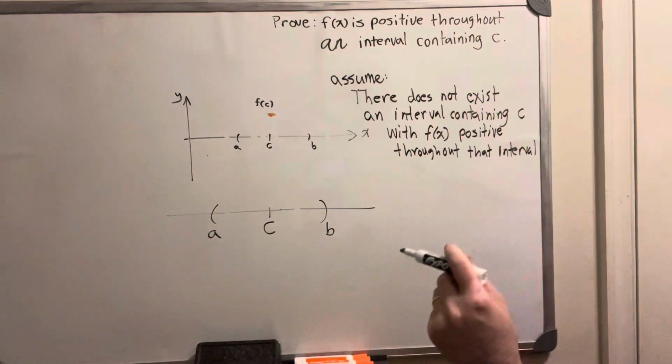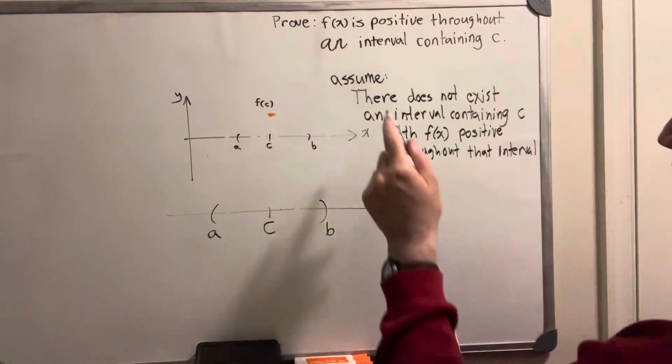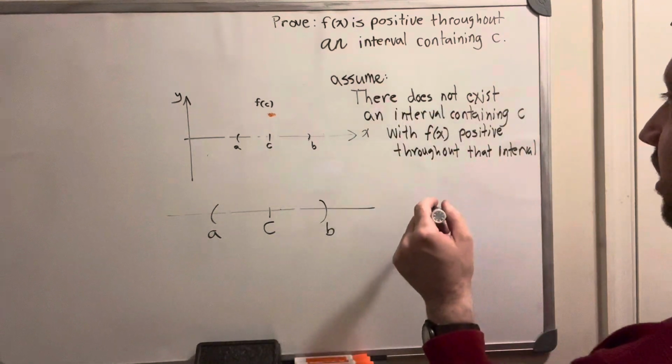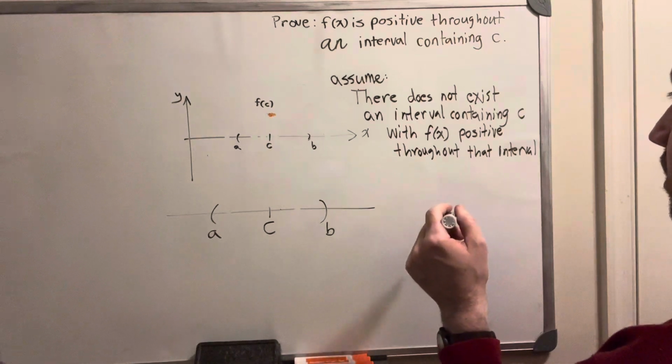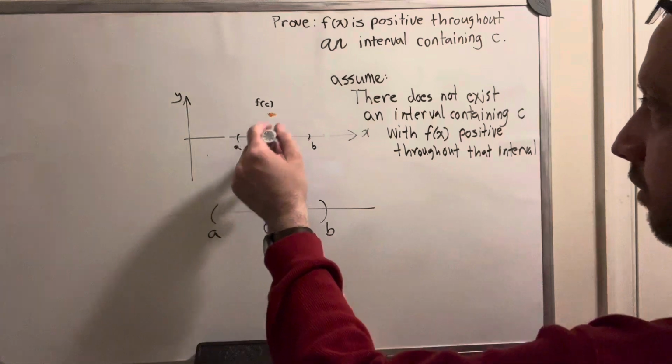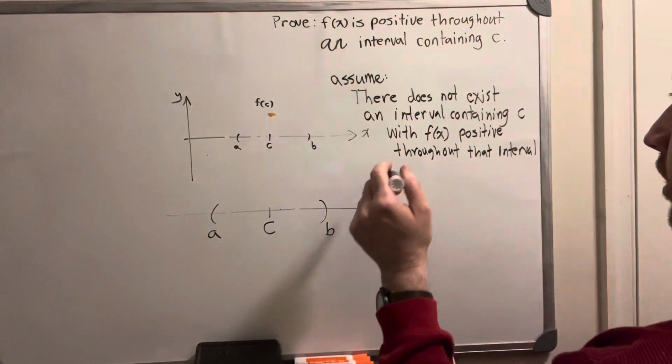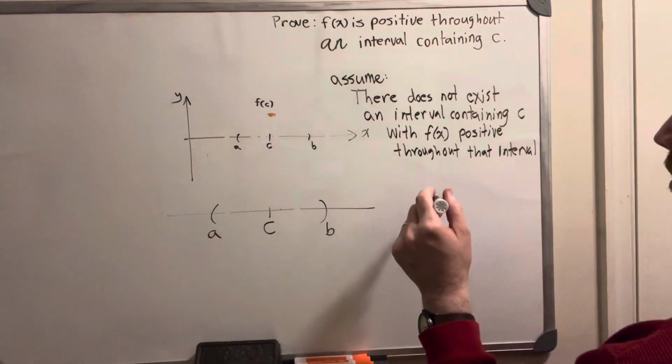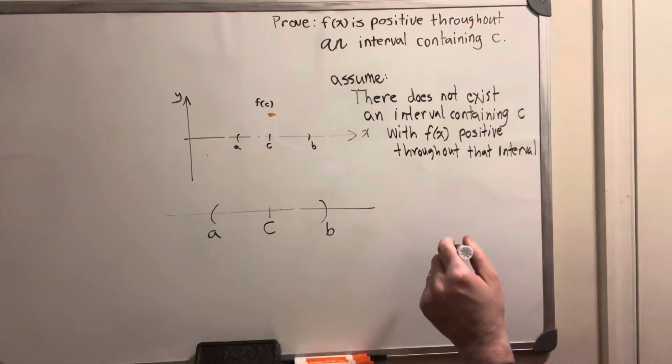What I wrote here is, let's assume for a moment that there does not exist an interval containing c. There does not exist an interval around c with f of x positive throughout that interval.